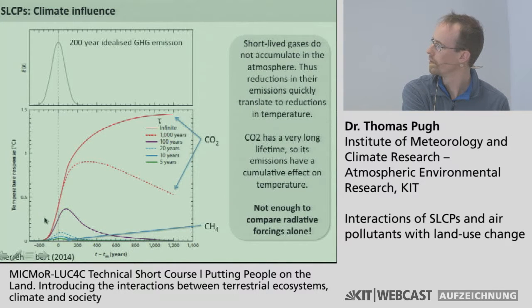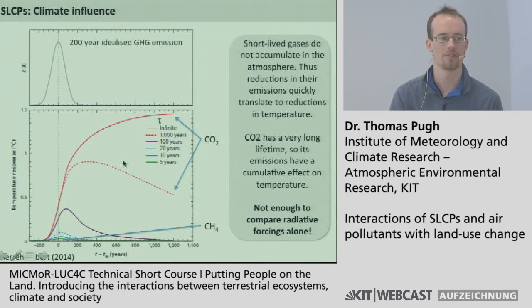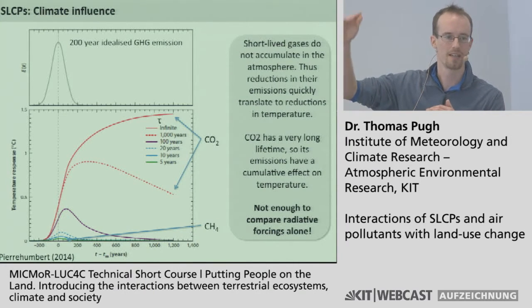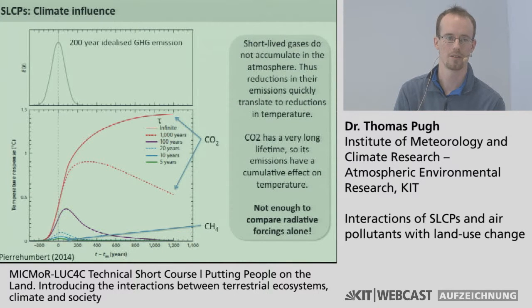So if you have a gas with a lifetime that's either infinite or 1,000 years, you get a very large temperature response. This is because as you keep putting that gas into the atmosphere, you build up the concentration again and again. So you get a cumulative effect of that gas on the radiative forcing and on the temperature response.